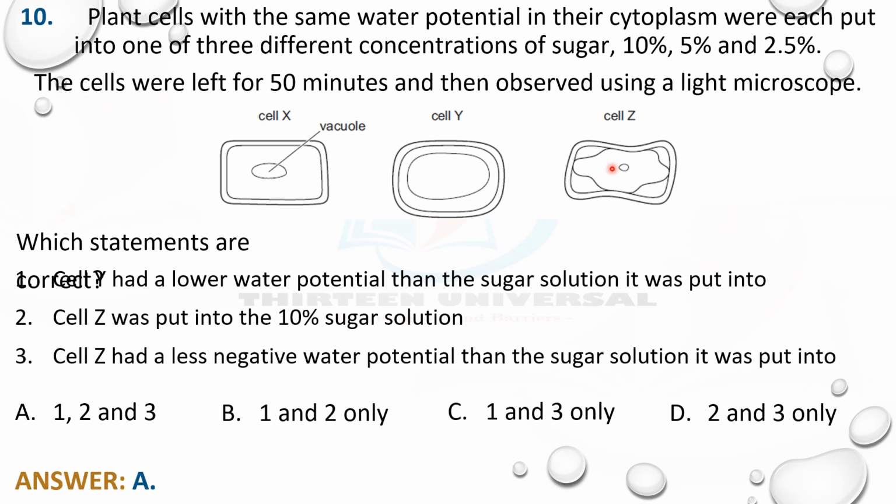So cell Z has higher water potential than the sugar solution it was put into. So it lost water from high to low. So all of them are correct.